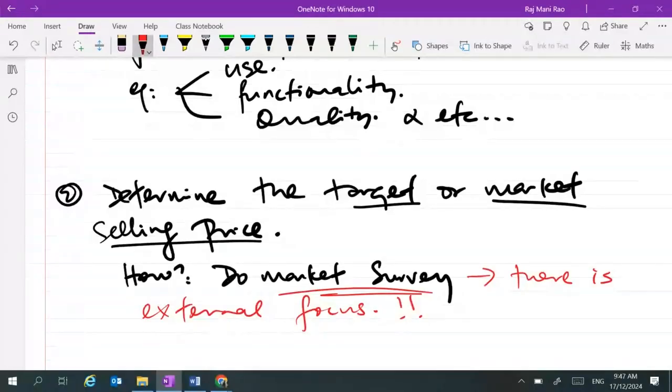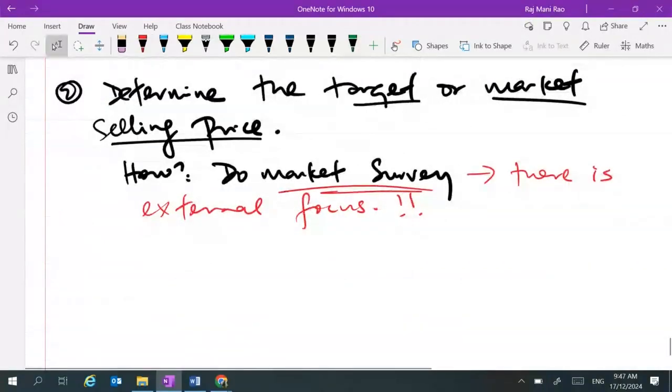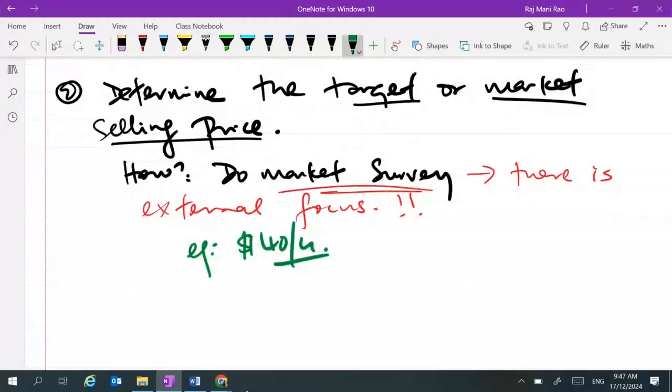Based on the shape, quality, make, and functionality. Customers say, based on the survey, they are willing to pay, for example, $40 per unit.